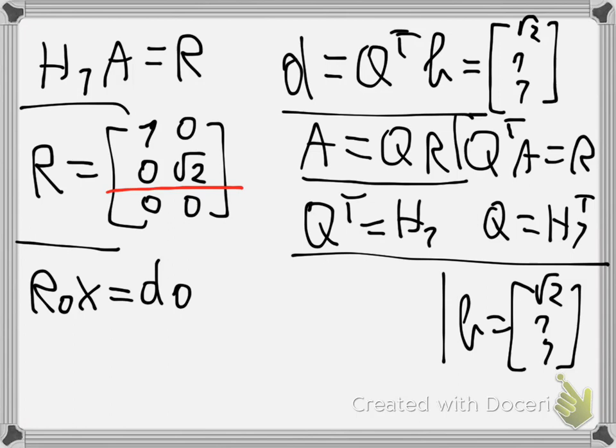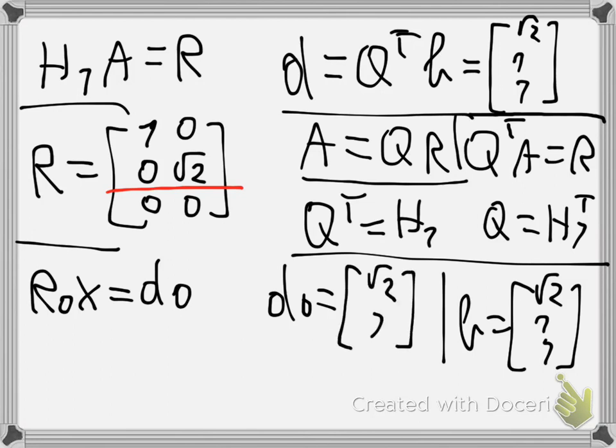Okay, you can do the computation, you will get that. Now d0 will be equal to square root of 2 and 1. Okay, remember we cut the last row because we cut it by R.